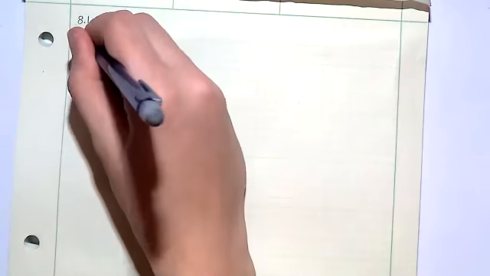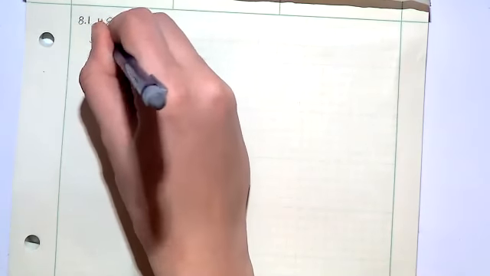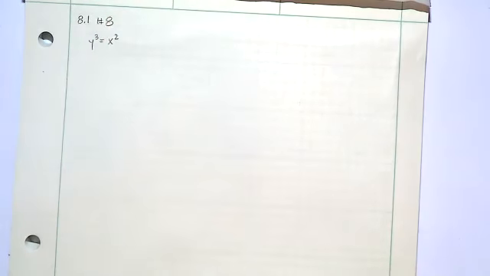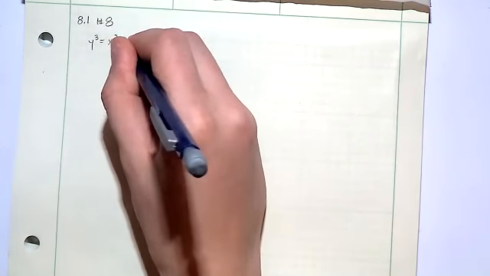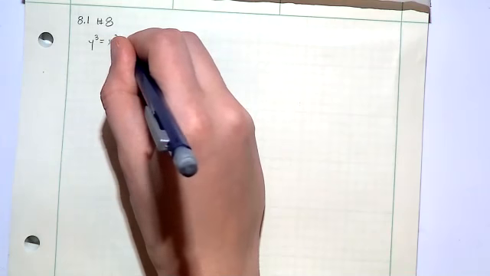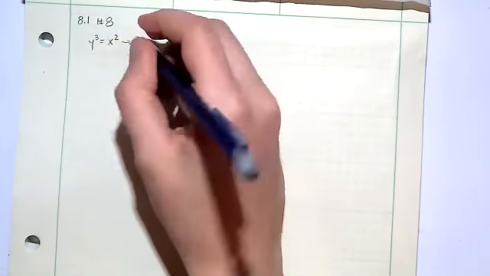So in this case, we have y cubed is equal to x squared. And initially we're told to sketch. So the first thing I want to do is put this in terms of x.